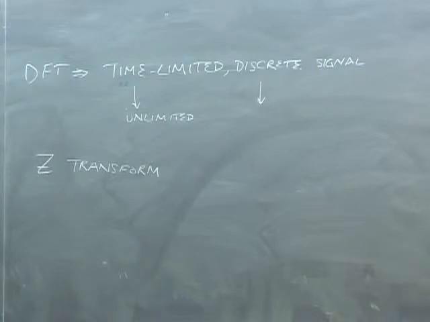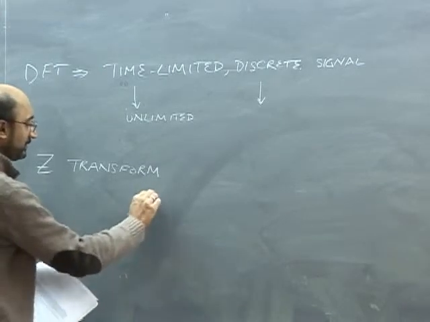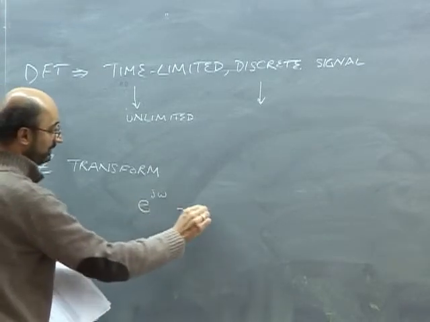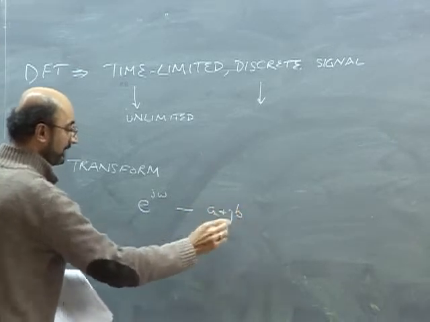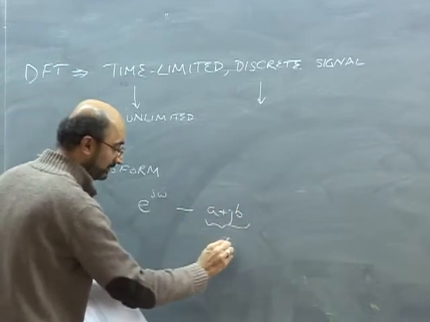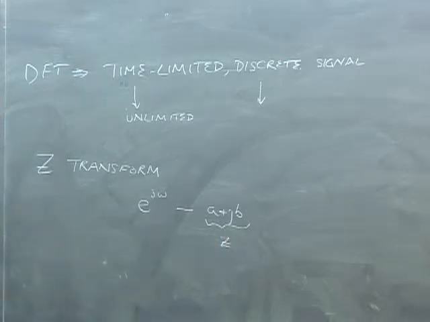But the nice thing about it is that the representation is a lot easier to work with, because instead of using the complex exponential, the e to the j omega form, we'll use the a plus jb form, and we'll call this the complex variable z. And when we do this, many of the notations become a bit easier. So the preferred transform for dealing with discrete quantities when you're trying to do analysis is actually the Z transform.